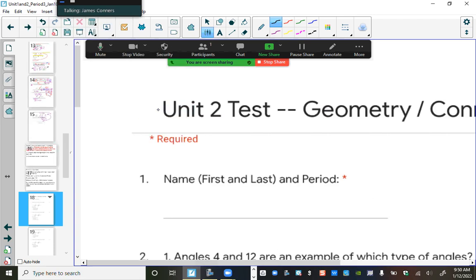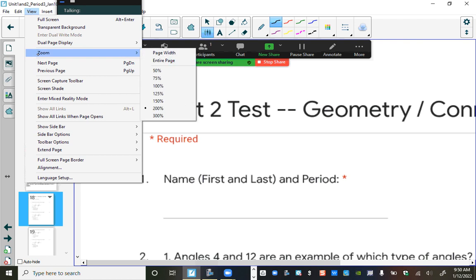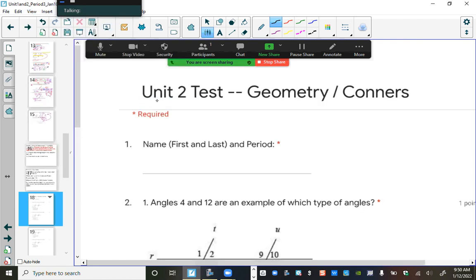So in Unit 2, we started talking about types of angles along with angle relationships, such as with parallel lines. And then towards the end, we started talking about some types of slopes.